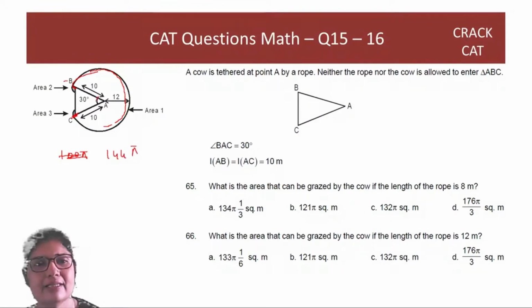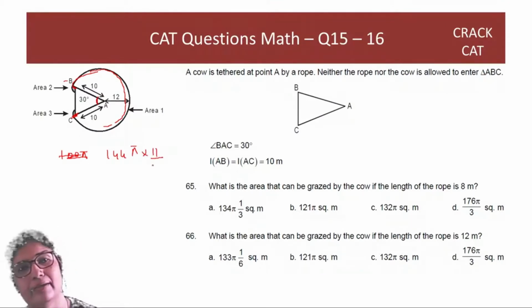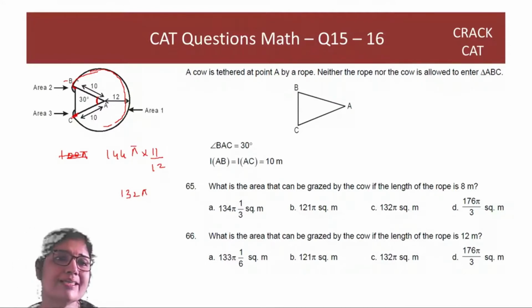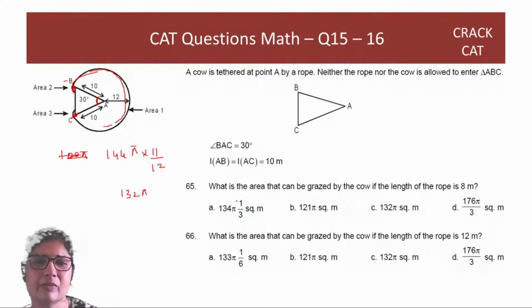But these 30 degrees cannot be grazed, so the answer will be 144 pi into 11 by 12, which is 132 pi. But he can also graze a little bit extra here, and hence the answer will be a little more than 132 pi. This goes off, this goes off, this is anyways too small, so the answer is A.